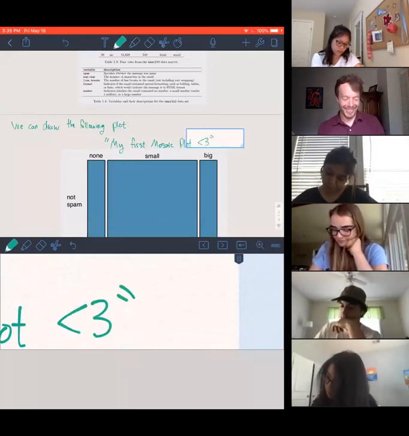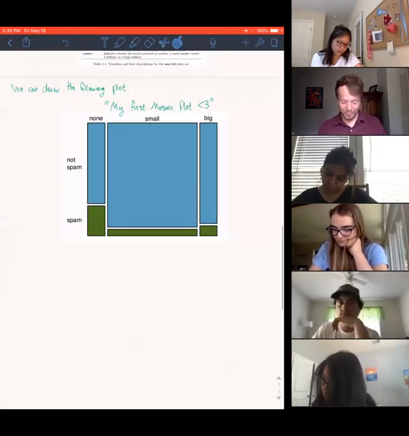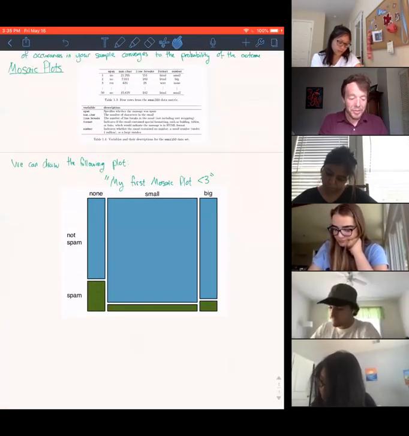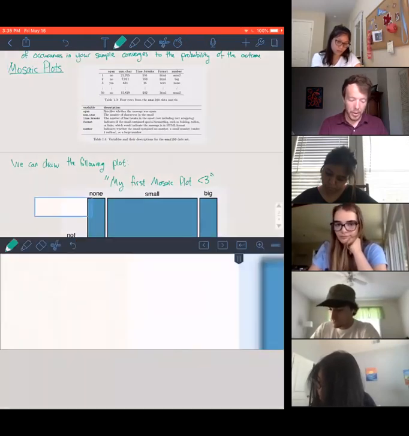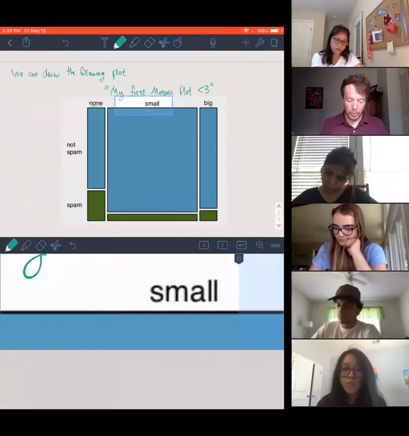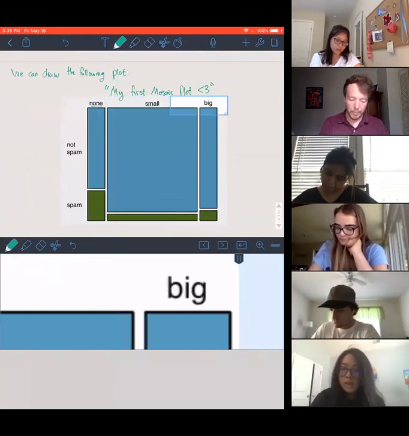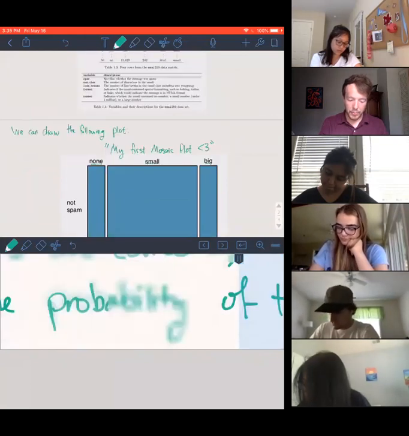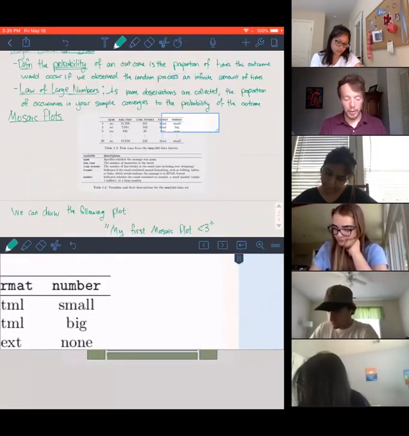Cool. So how do I read this? Start by just looking to understand what this plot is describing. Start by just looking at the top bar. We have our three categories within the number variable. So this is this first variable right here, number, where the categories were none, small, or big.